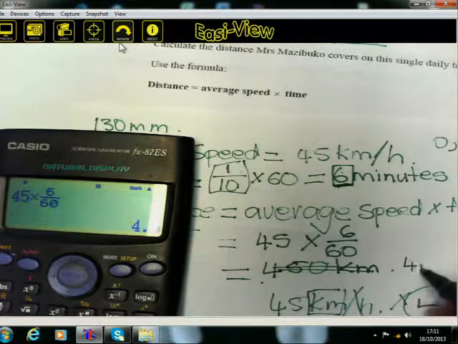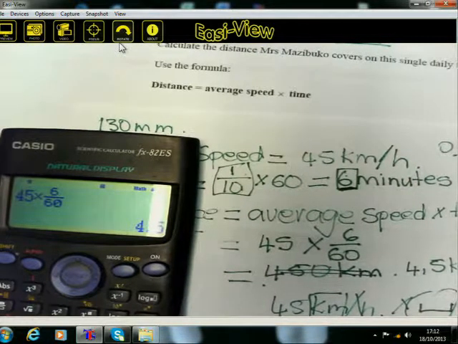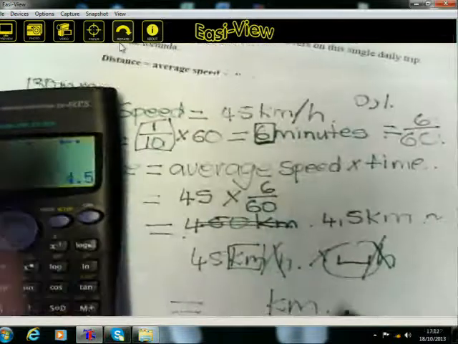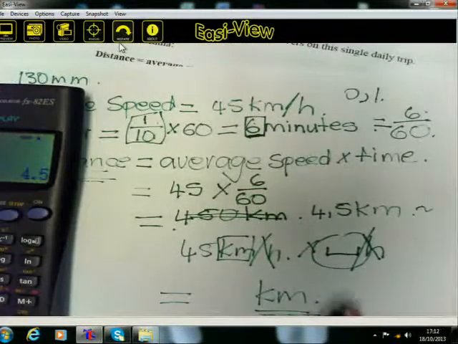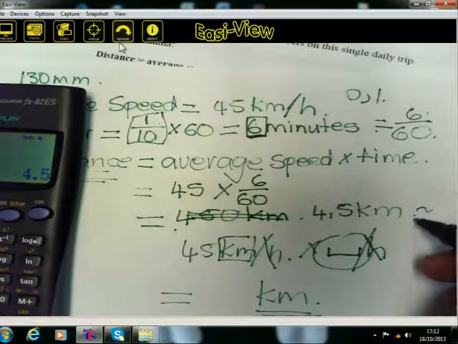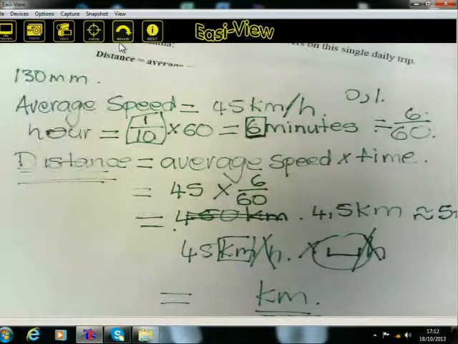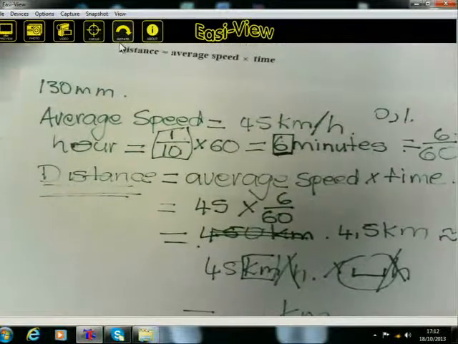It's 4.5 kilometers, which is approximately 5 kilometers, if it says to the nearest kilometer.